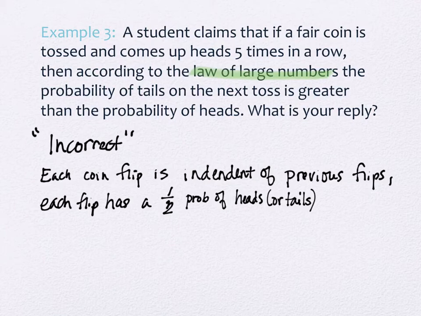It doesn't apply to this, like you were saying, because 5 is not a large number. If he made the same argument about having flipped it 500 times, it would be no more true, because we've already stated that each flip is individual. Although we might wonder at that point if we've actually got a fair coin. That would be a legit question. But Bernoulli's law of large numbers doesn't apply here anyway, because there's not a large number of things happening. It's a small number.